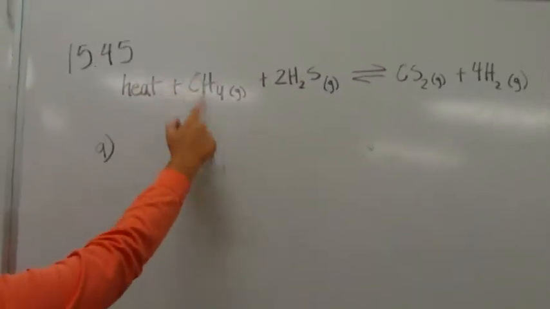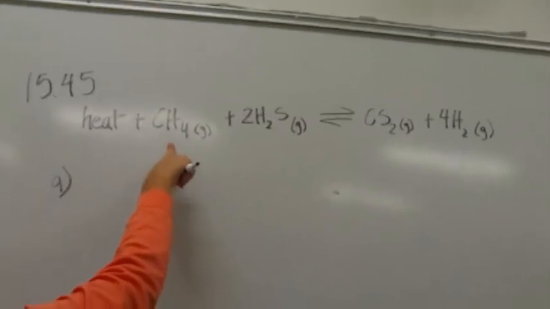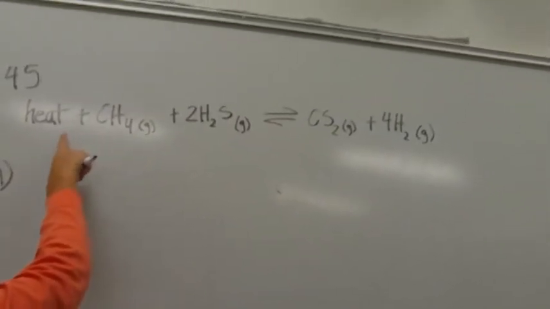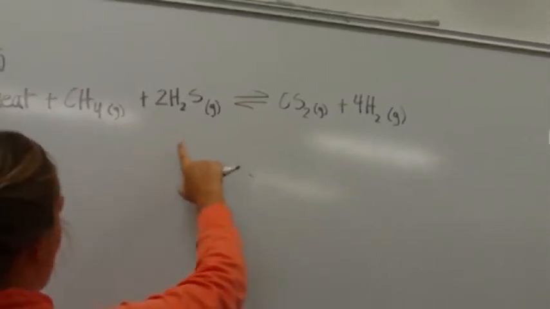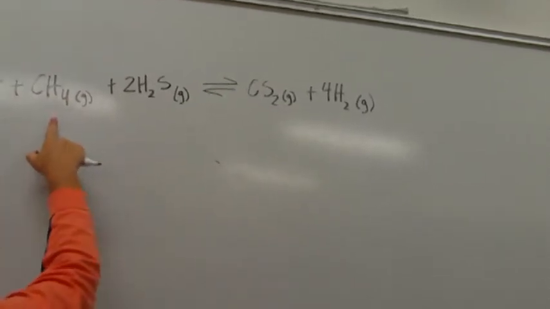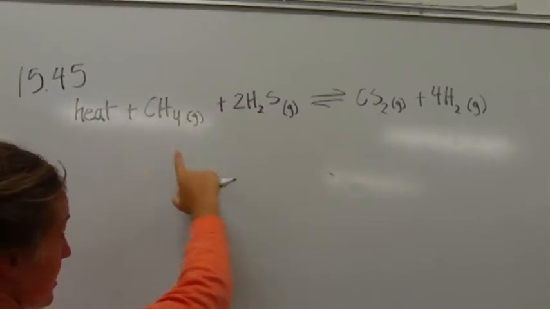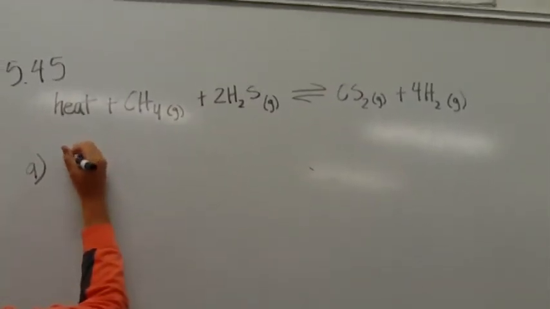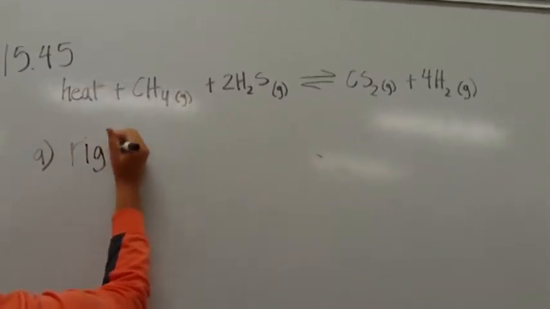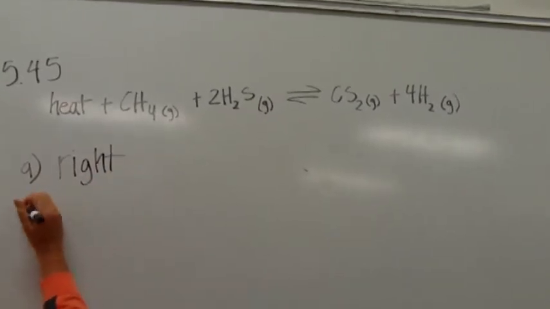So if we're increasing CH4 right here, that's going to drive this whole reaction forward, meaning that because we have more reactant, we're going to want to produce more product, which is going to shift it to the right. So for part A, the reaction shifts to the right.